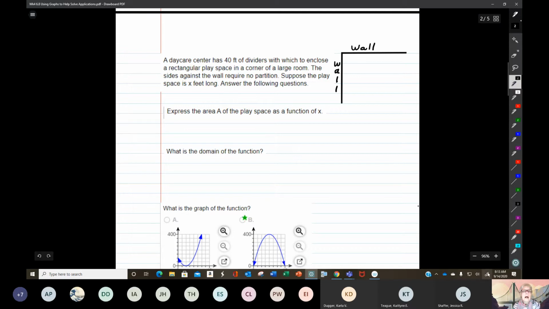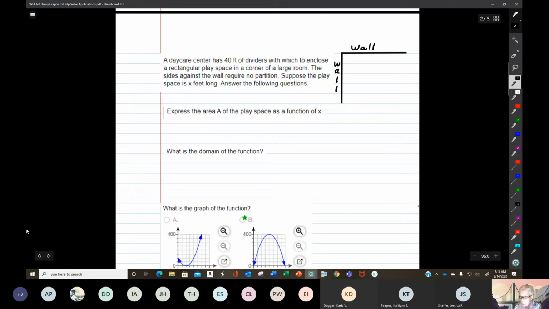Okay. A daycare center has 40 feet of dividers with which to enclose a rectangular space area in the corner of a room. Here's my great artwork showing where you've got a corner of a room. The sides against the wall require no partition. Suppose the play space is x feet long, answer the following question.